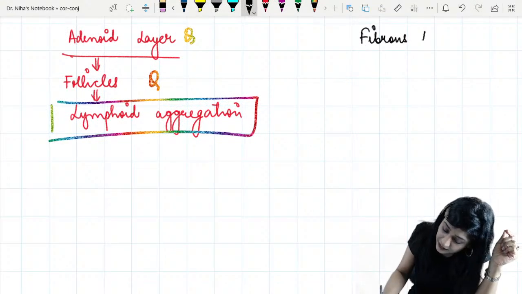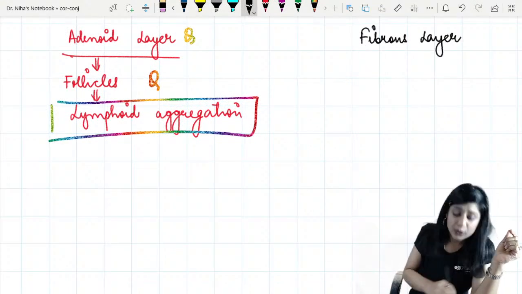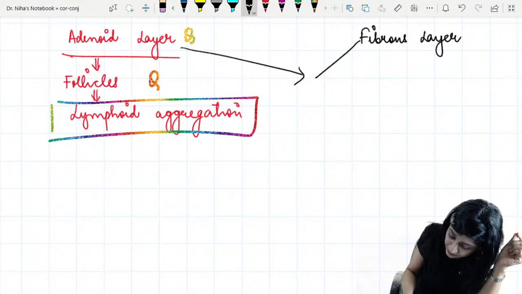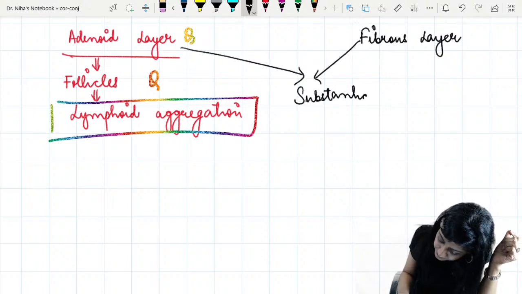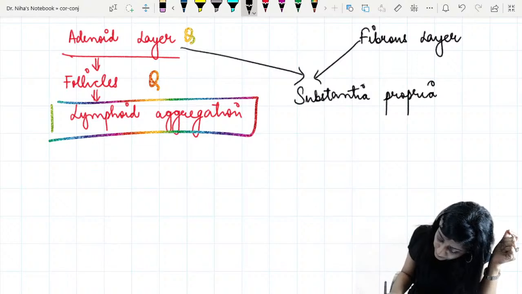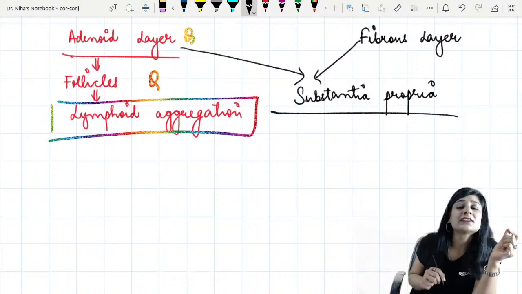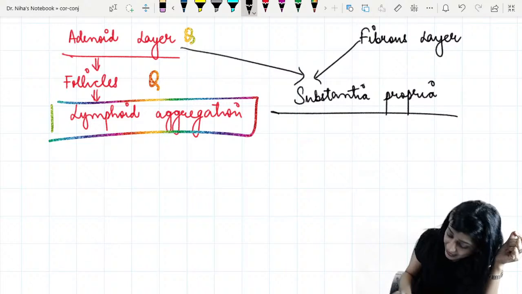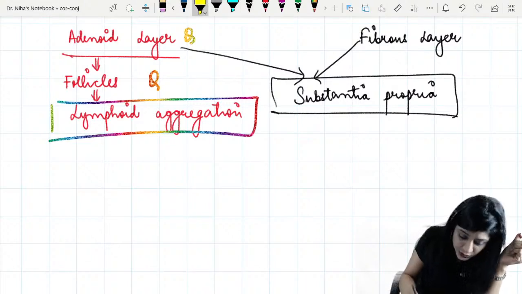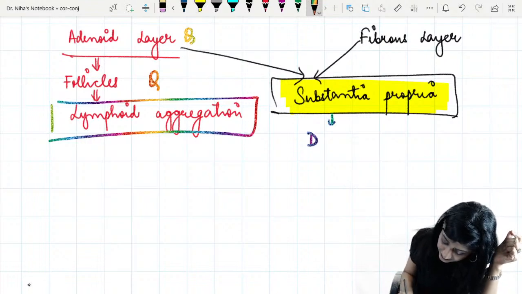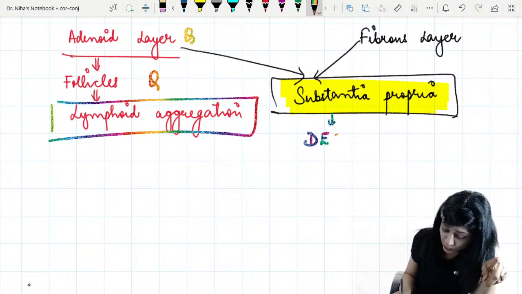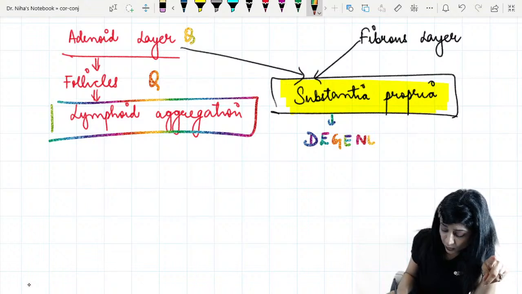Now when this adenoid layer and the fibrous layer are combined, the total is called the substantia propria, and it is in this substantia propria that we get the degenerations. And mind you, a very important topic for your examination.